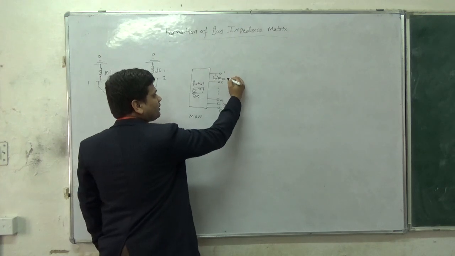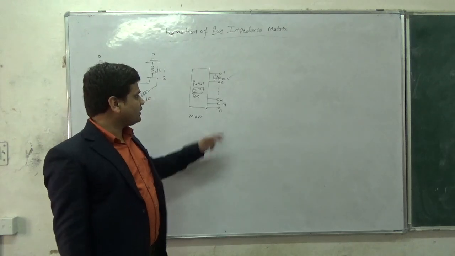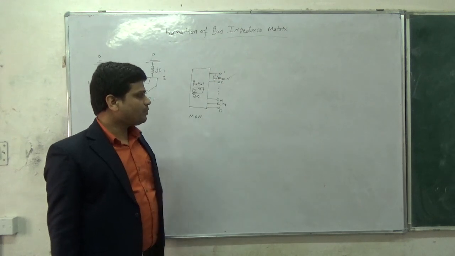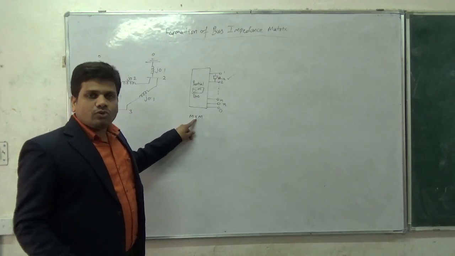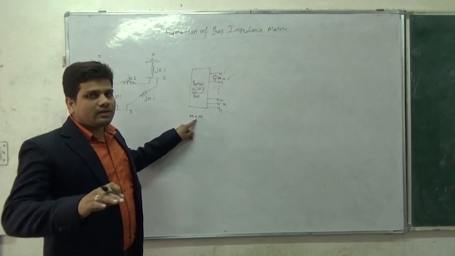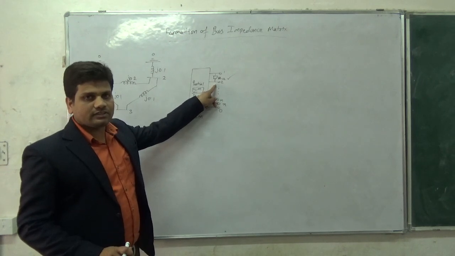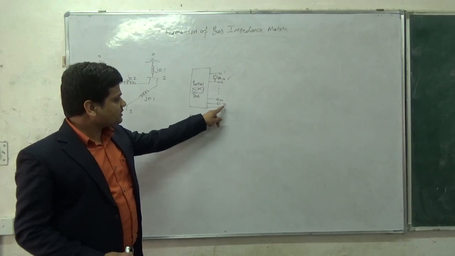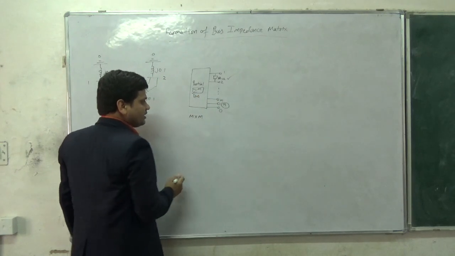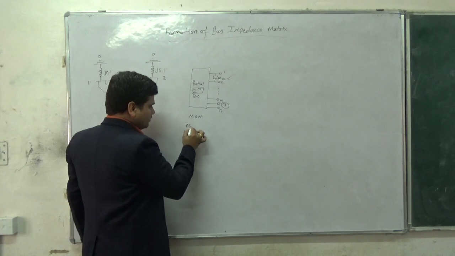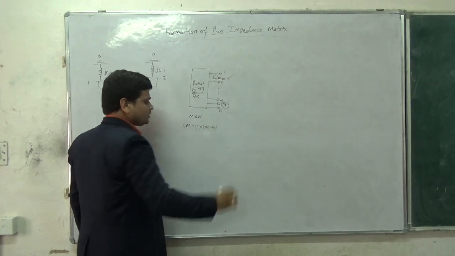Now due to the introduction of this small Z12, this impedance connected between bus number 1 and bus number 2, let me clear that there is no change in the dimension of the Z bus matrix due to this part. This is basically a link, but if we consider this new bus n, this new node introduced here, then due to this n, the dimension of the matrix will be m plus 1 cross m plus 1.